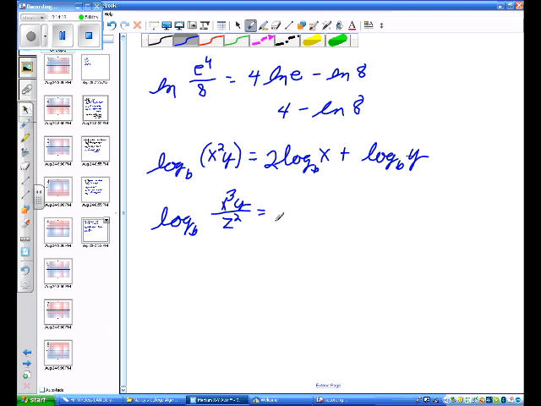So we're going to have log base b of x cubed, that's the log of a power, so that's the power times the log, plus log base b of y, then that's divided by, so minus log base b of z squared, which would be the power times the log.